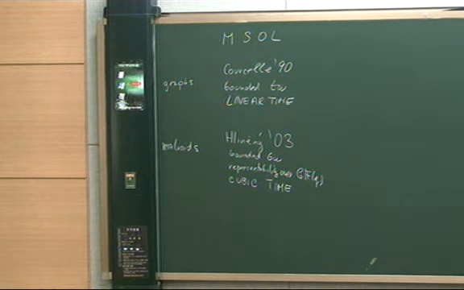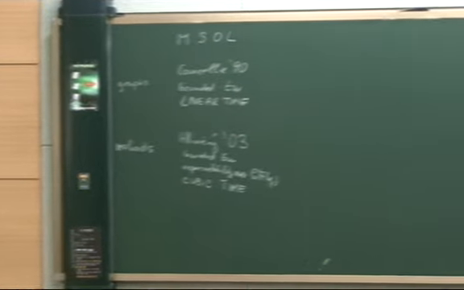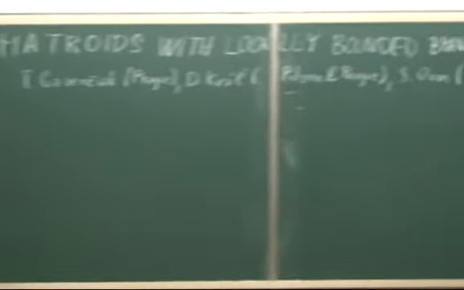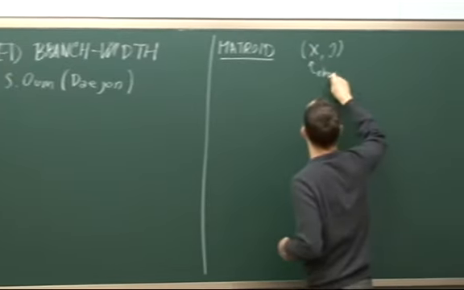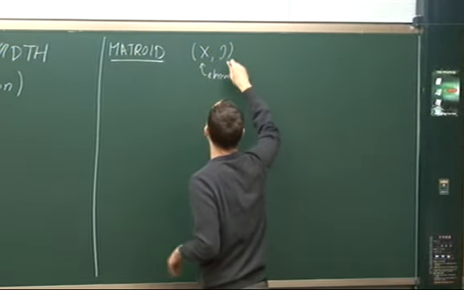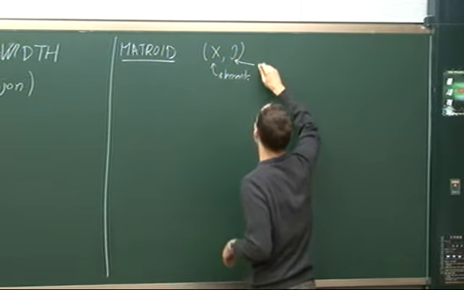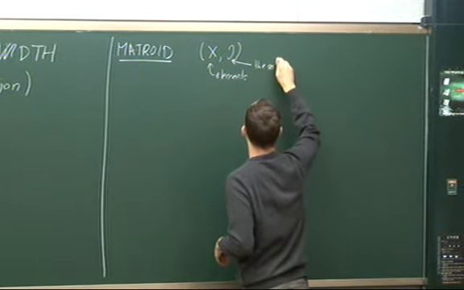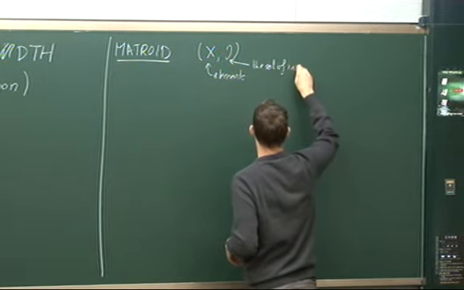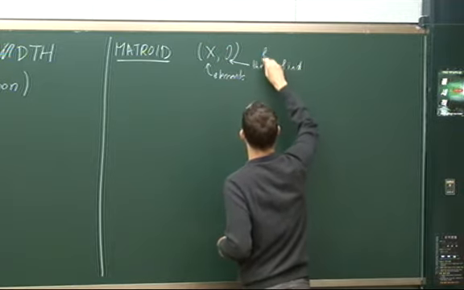There are several definitions of matroids. So what is a matroid? It's a generalization of the concept of linear independence, and you have a pair X and I. The elements of X usually are called just elements of the matroid, and I is the family of independent sets.